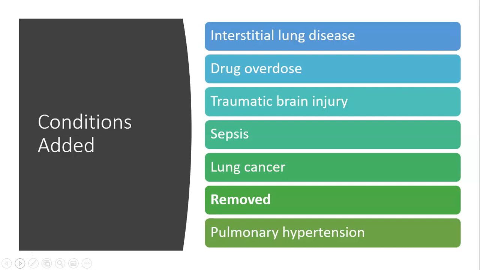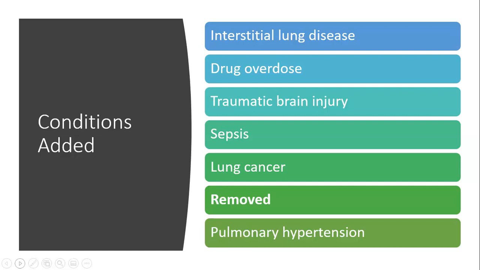All right, so here we are with the conditions added. A lot of these have been on the TMC, but they're very specific. What I have learned is if they actually spell it out for us, we should pay attention to it. So here we have interstitial lung disease, one of these diseases from the past making a comeback.